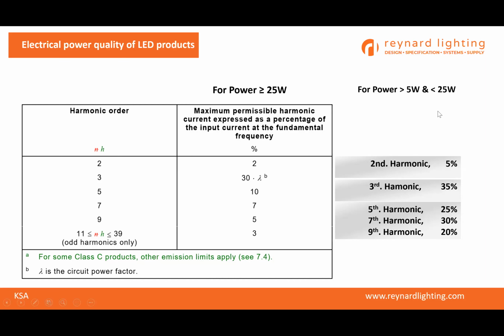And for the category between 5 and 25 watts, the third harmonic is allowed up to 35%. The total harmonic distortion for luminaires of more than 25 watts, as a code of practice, should not exceed 15%.